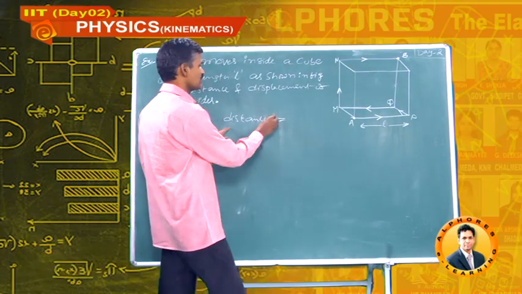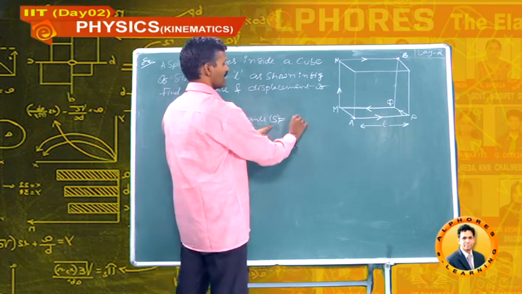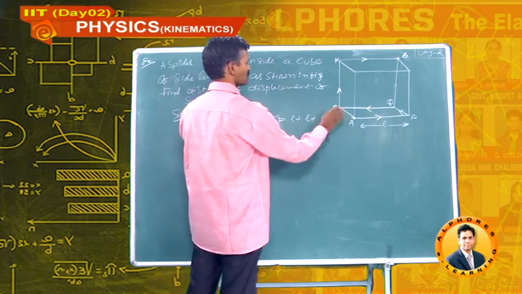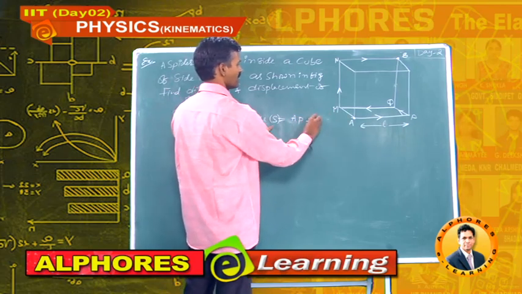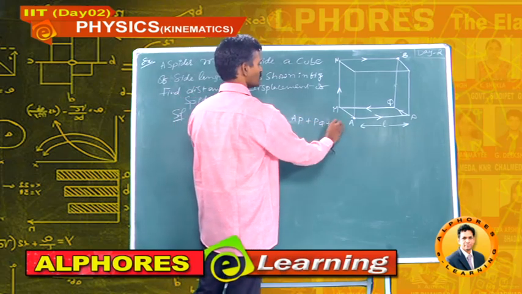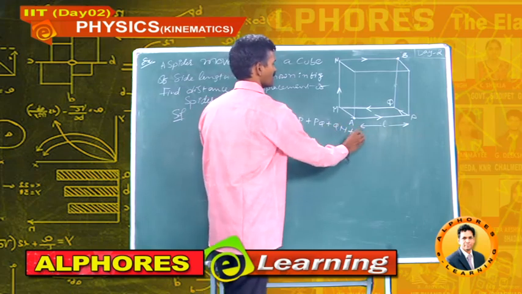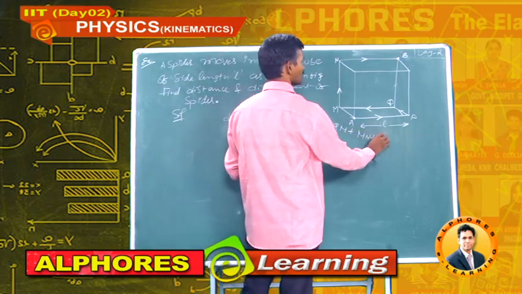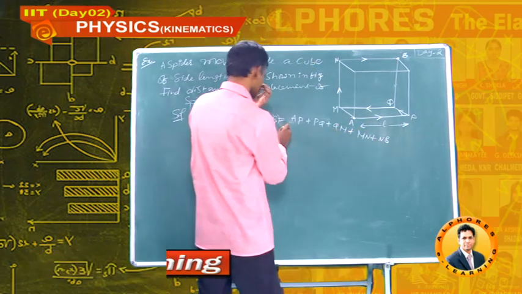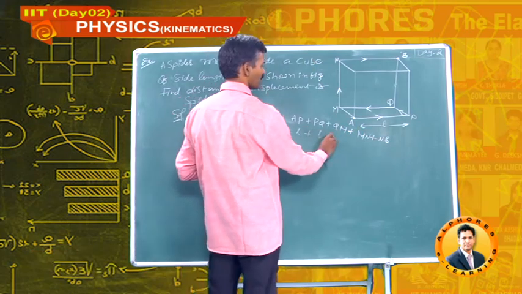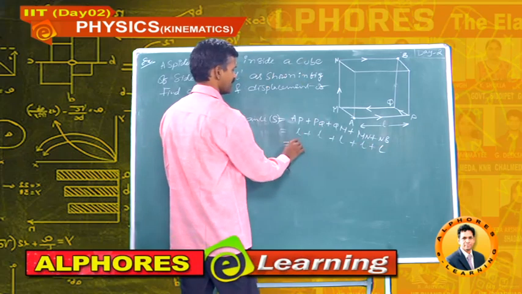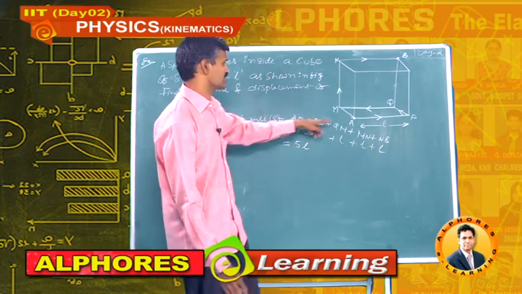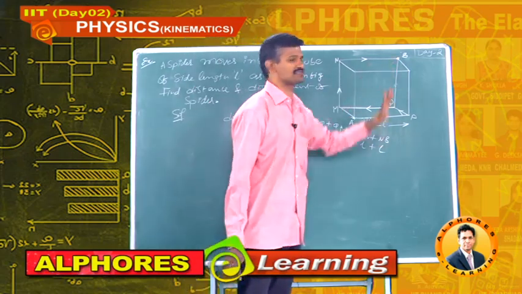So the distance traveled is AP plus PQ plus QM plus MN plus NB, which is L plus L plus L plus L plus L. So this is 5L. Like this you can calculate distance in any case.